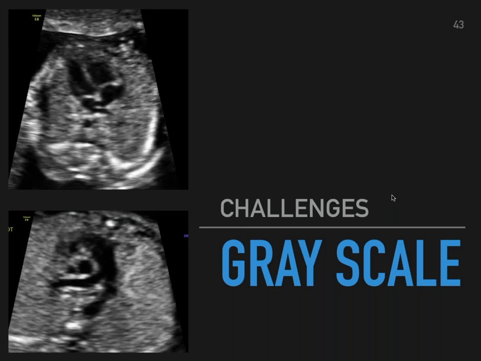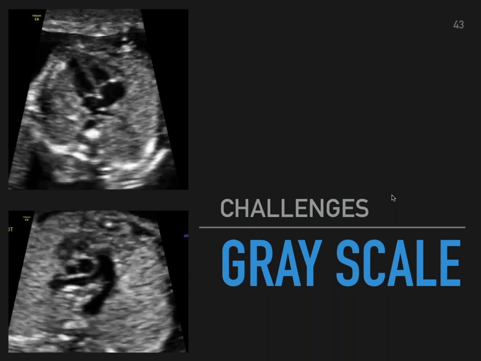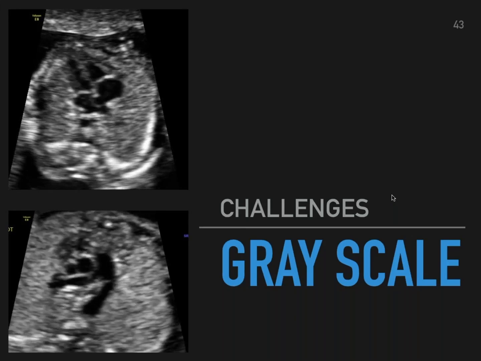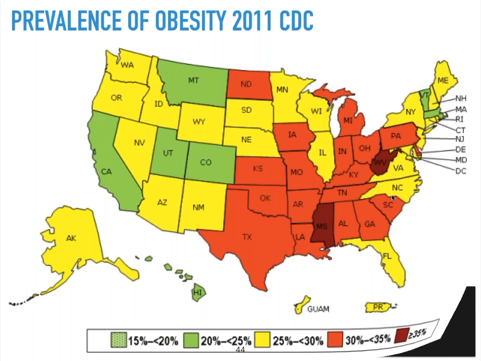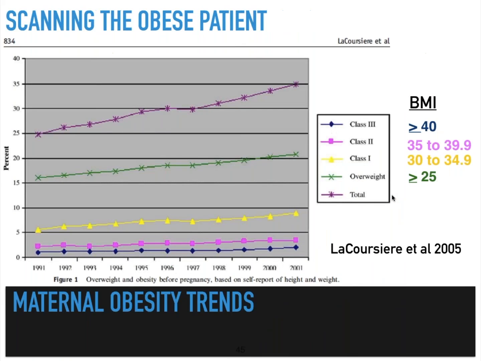Now moving on to the challenges that we encounter in grayscale. Morbid obesity accounts for 1/3 of the population and more than half of pregnant women in the United States. Here's a very interesting article by LaCourcier et al. back in 2005, showing the maternal obesity trends.